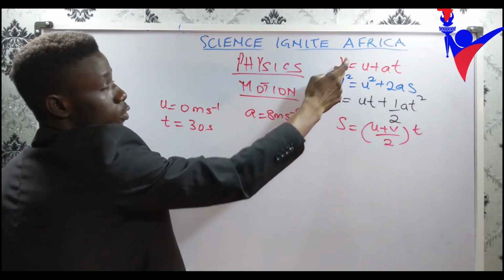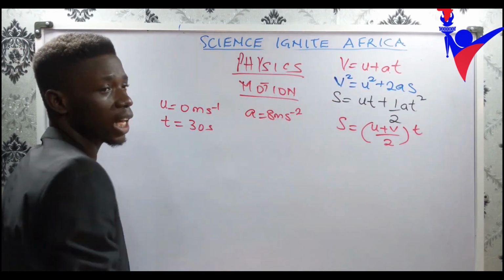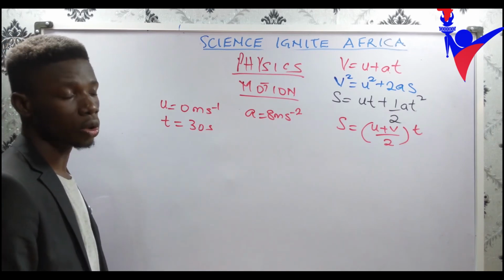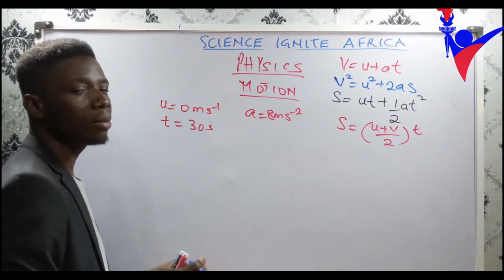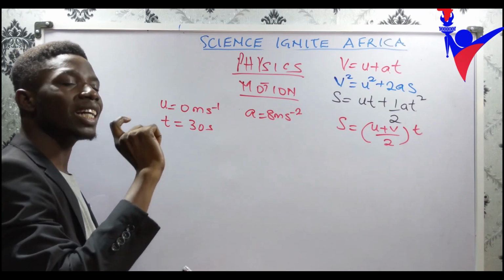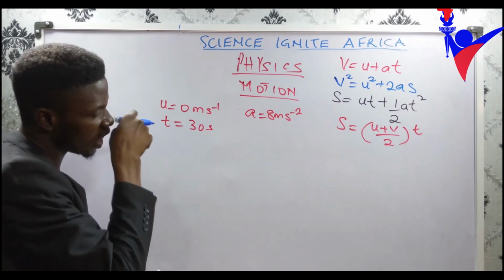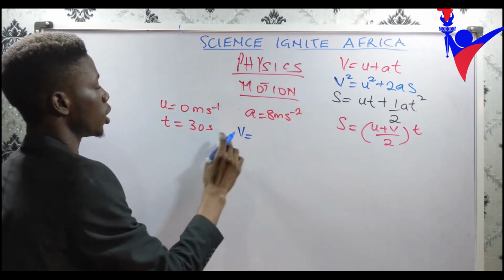In fact, that's sufficient to find my V, because I know every other thing given here. It's only V that I don't know. Then one equation is sufficient to solve for one unknown. So what will I have here? My V, which is my final velocity for the stage of motion whereby you were given acceleration to be 8 meters per second squared for that 30 seconds, what will be our final velocity? So V equals U plus AT.